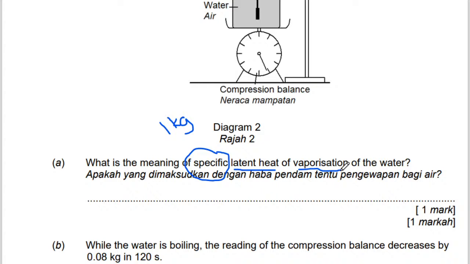The simple answer will be 1 kg liquid to gas at constant temperature. Chloe. Jawapan Chloe, ya. Amount of heat energy required to change 1 kg of liquid to gas at constant temperature. Yes, that is the best answer.